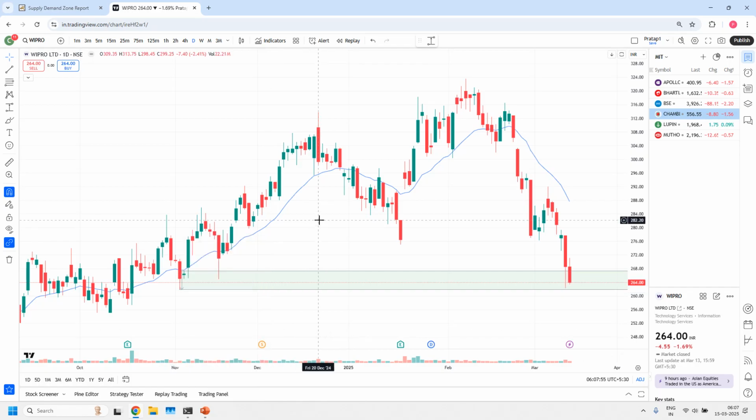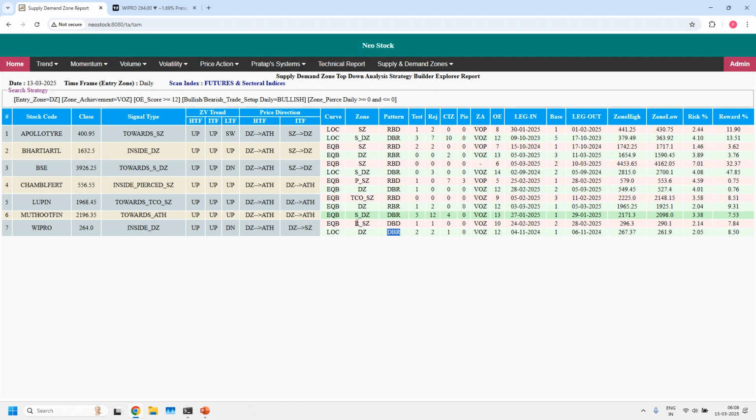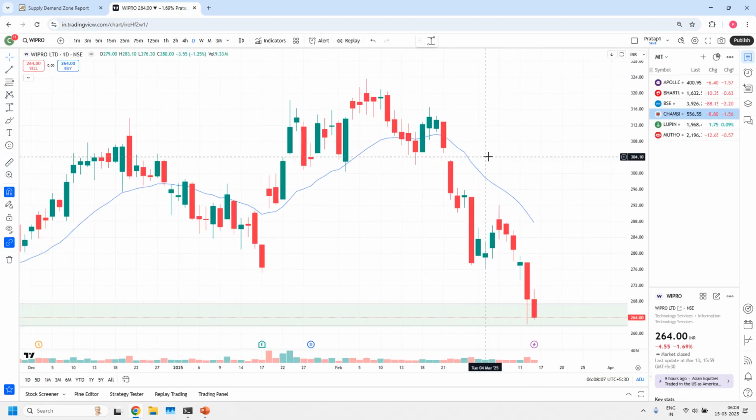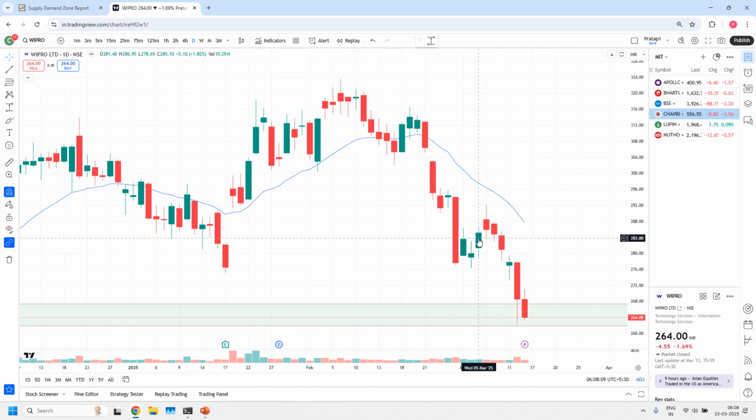Okay. So where is the supply zone here? The supply zone is a high liquidity supply zone it is having on 24th February. 2 base candles. This is the one, 24th February, 2 base candles.